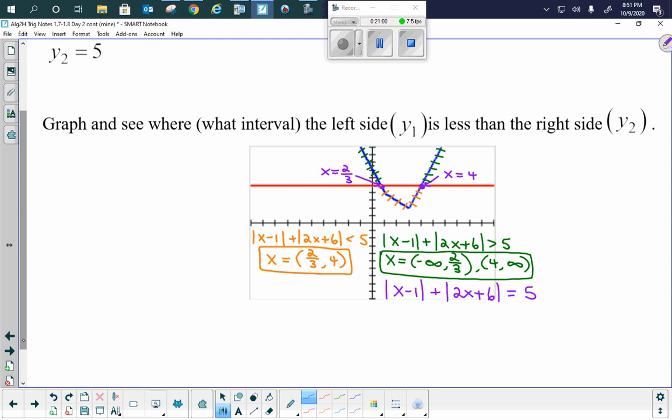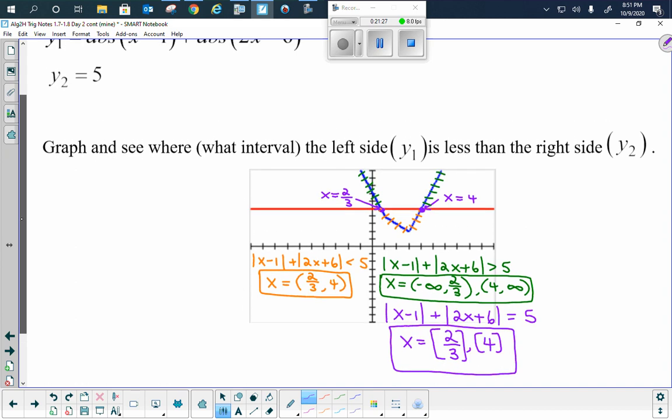So hopefully you would just be telling me x equals 2/3 and 4. And if you're going to make those intervals, then remember we talked about you would just put brackets around both of them. All right, so there's your connection with what you did by hand with what we can do on a calculator.